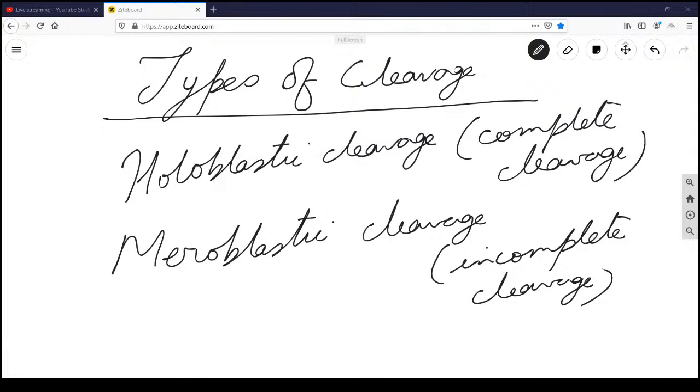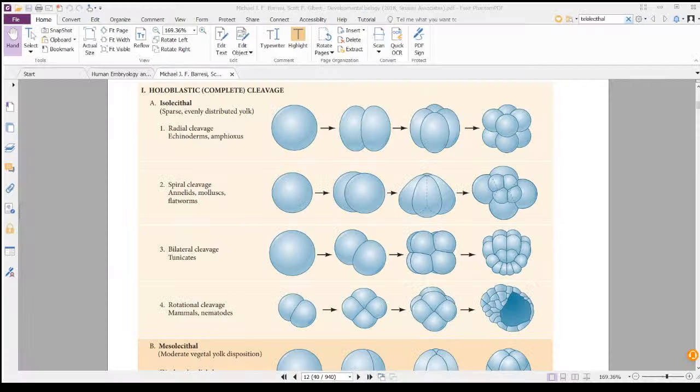I'm sharing the screen. Now I think you are able to see the screen. Just look at this image.